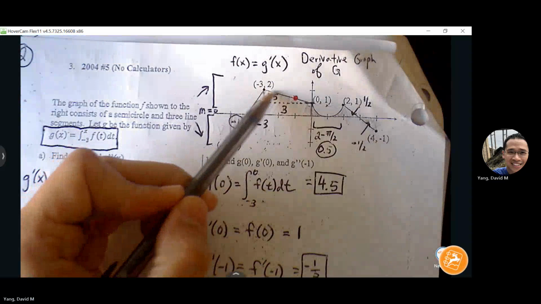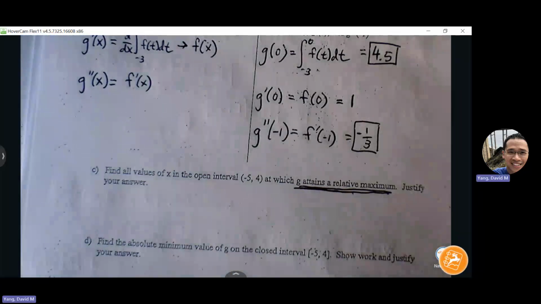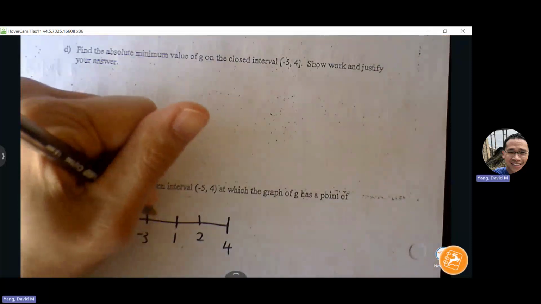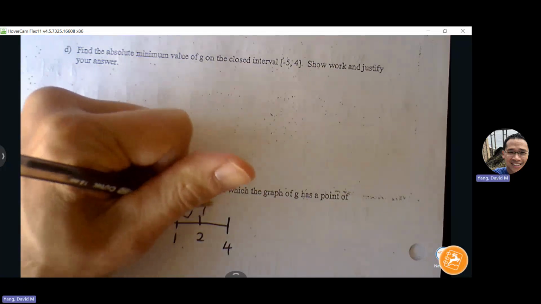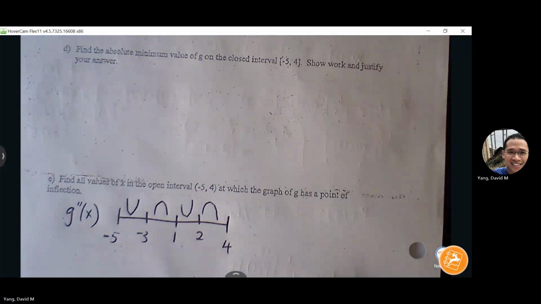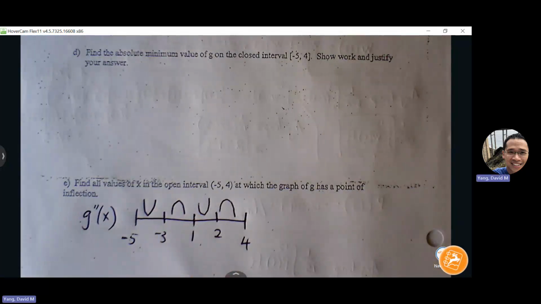Negative slope means concave down, right? Don't look at the curvature. This is not the original graph, so we're just basing it off the slope. But it's going to keep alternating, right? Positive slope, negative slope. Okay, so points of inflection are -3, 1, and 2. We can just say because g double prime changes signs.